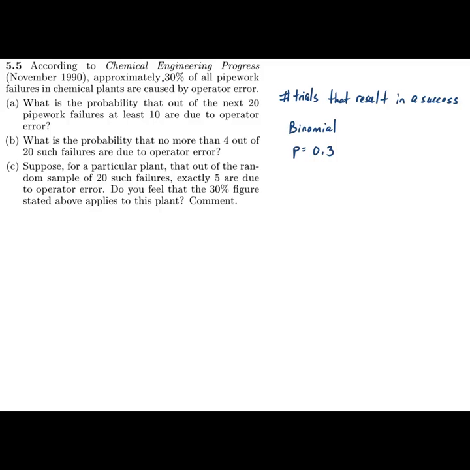Okay, so 30% is your probability. What else do we need for the binomial? We need the value of n. How many trials are we looking at? 20. So n is 20. And those are the only two parameters that we're going to need, n and p. And now we want to find the probability.